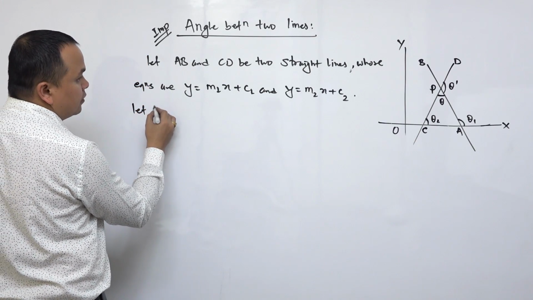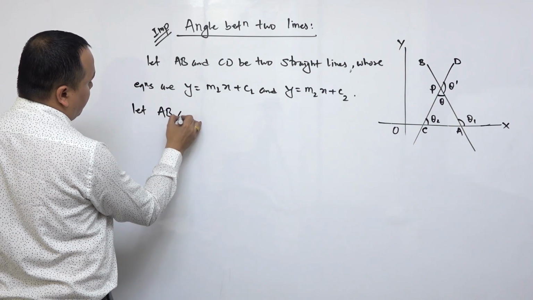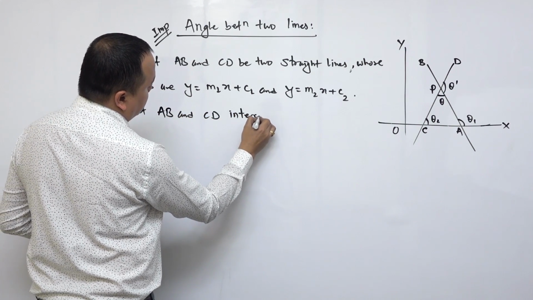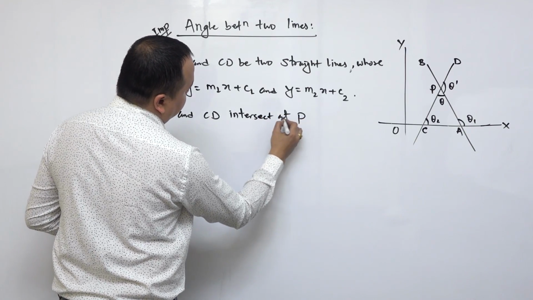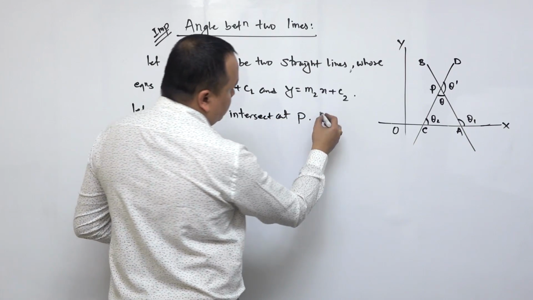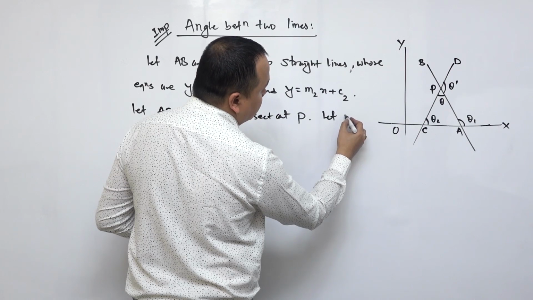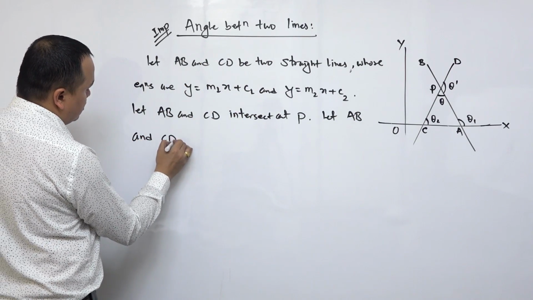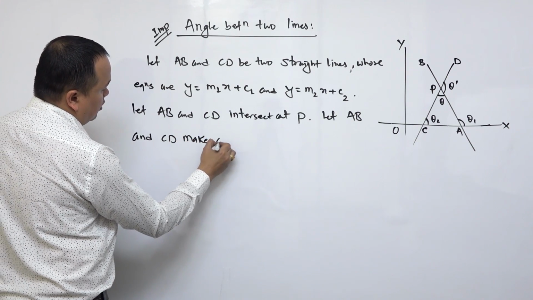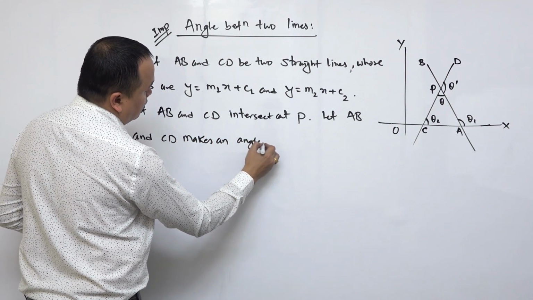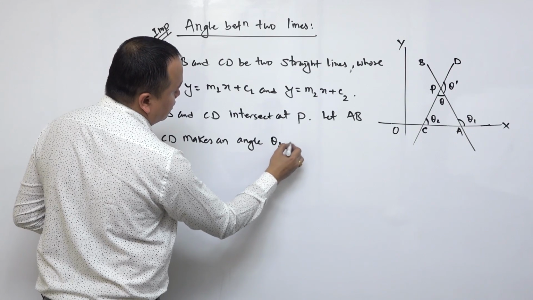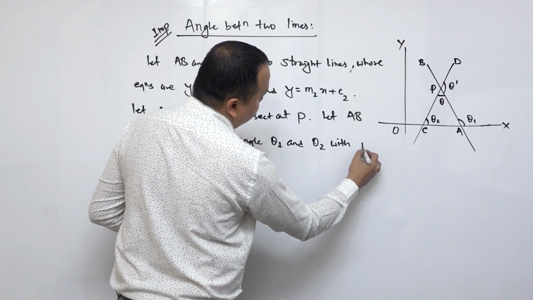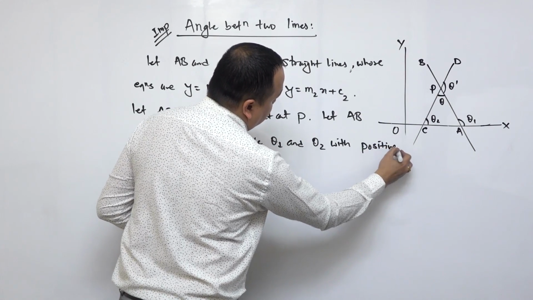Let AB and CD intersect at P. Let AB and CD make angles theta 1 and theta 2 with the positive x-axis.